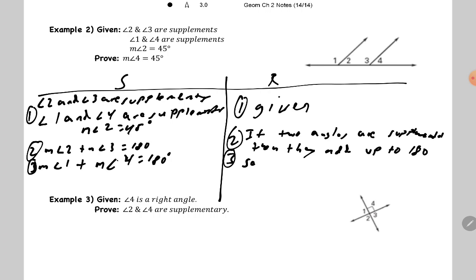And then same thing, same as 2, angle 1 plus angle 4 is equal to 180. So we're trying to say that the measure of angle 4 is 45 degrees. Let's see. So what can we do?